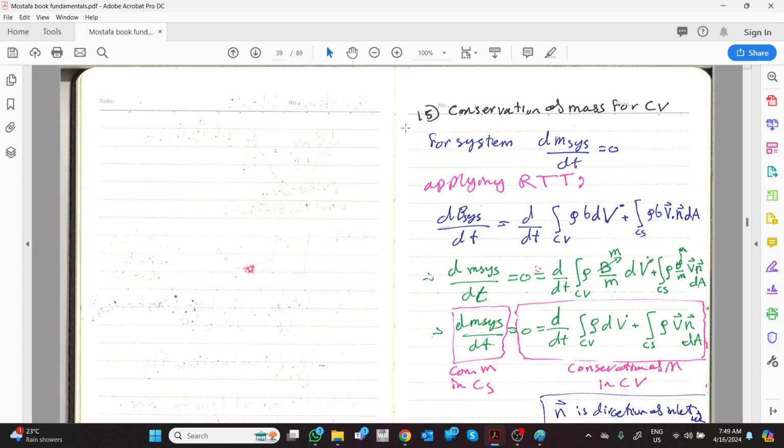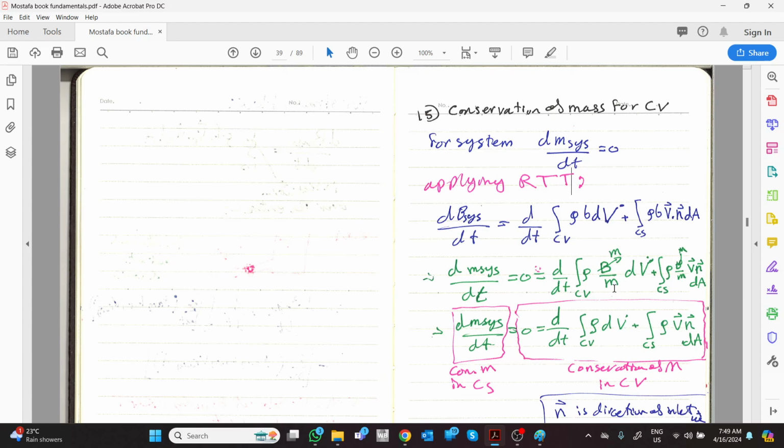Okay. For a system, for conservation of mass, d mass in the system by dt should equal zero. This is a law. Apply Reynolds transport. So dB by dt, which is d mass by dt, should equal zero. Write the Reynolds transport theorem. So I just write it. No B, write m.